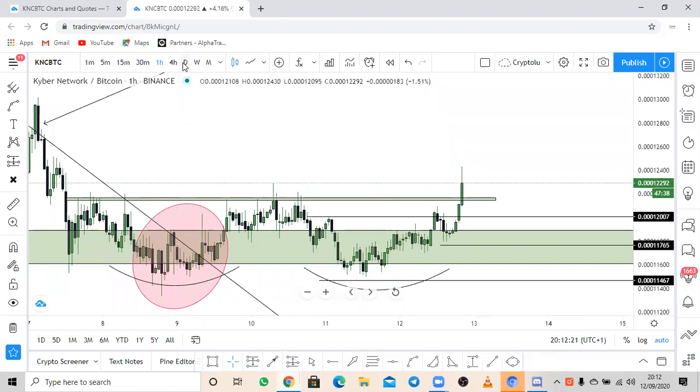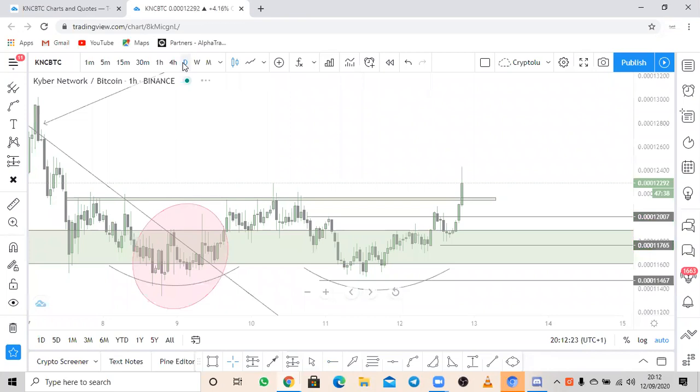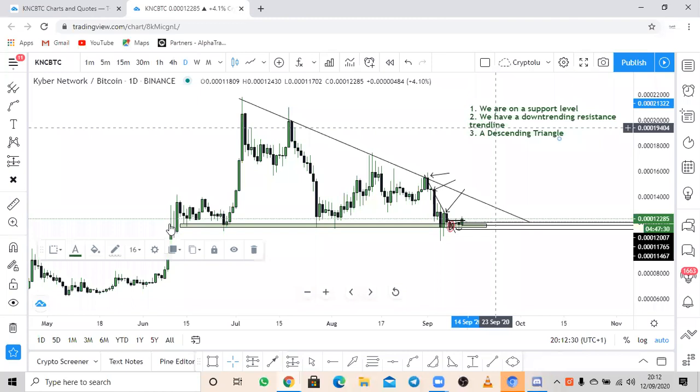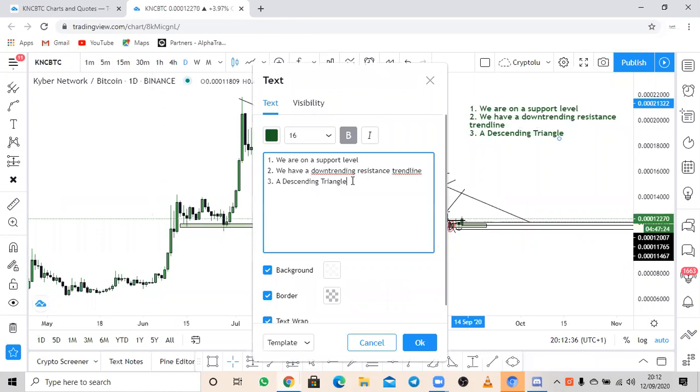Back to the daily time frame. Let me write it out. We also had a breakout of a descending triangle, of a descending resistance trend line on the 4-hour.